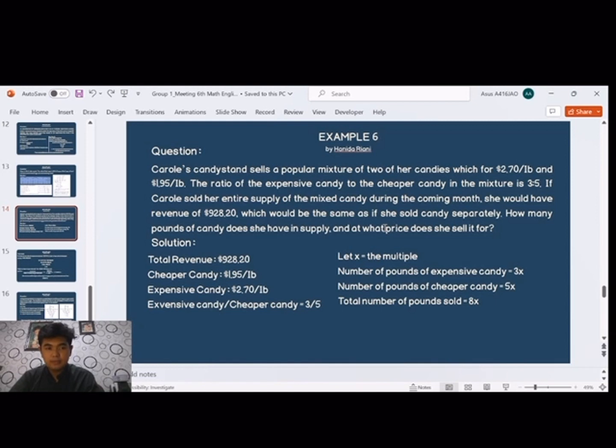The ratio of expensive candy to cheaper candy is 3 to 5. Now let x be the multiple. The number of pounds of expensive candy is 3x, the number of pounds of cheaper candy is 5x, and the total number of pounds sold is 8x.